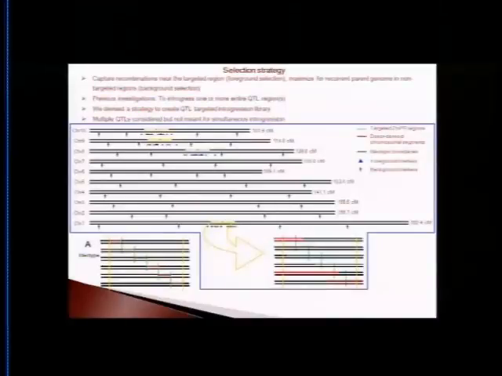And for this, we first created an ideotype for this targeted region. Ideotype, it's not for this targeted region, but to capture recombinations. So this strategy was driven by the number of individuals that could be afforded to be genotyped.